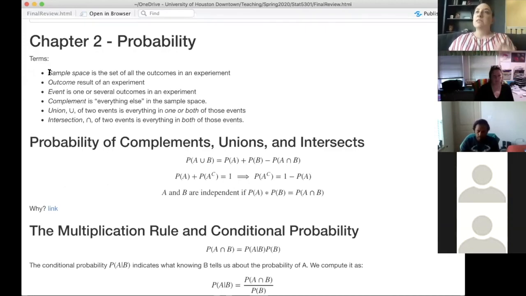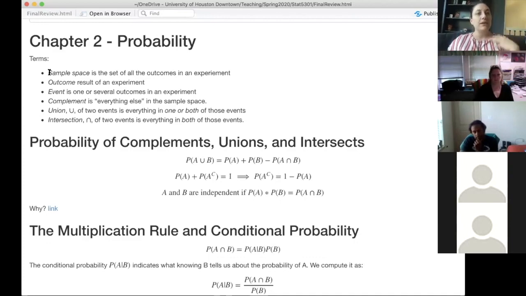If your experiment is rolling a dice, it's 1 through 6. If your experiment is how long will it take me to get to HEB, then my sample space is the continuous line from 0 to infinity, right? It doesn't have to be discrete.